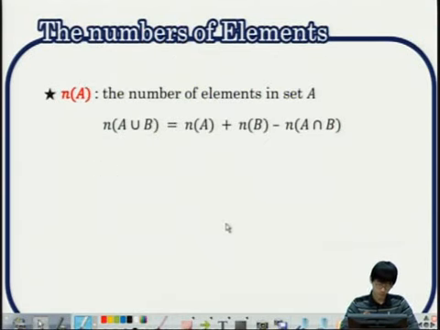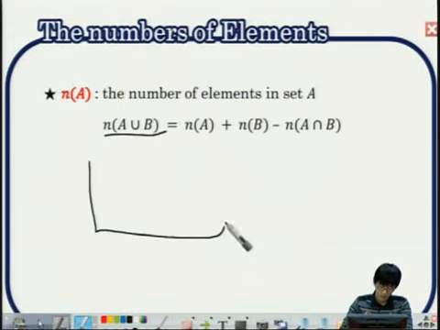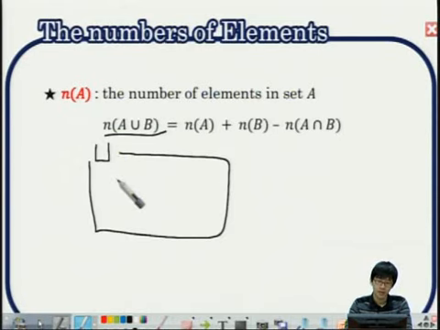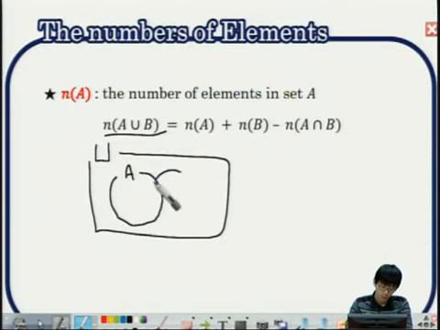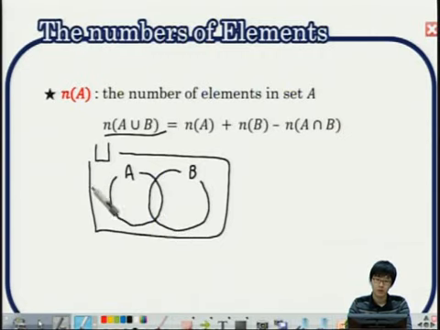Then, this is kind of hard. But before we do this, n(A union B). Let's say this is the total set, and I'm going to draw the Venn diagram. Let's say A is here. We usually draw like this because we have to express this intersection part and also this outer part, and this is the easiest way to express it.